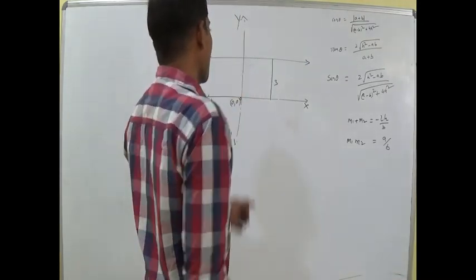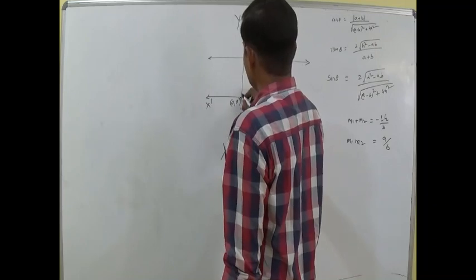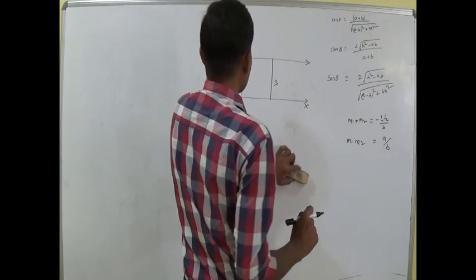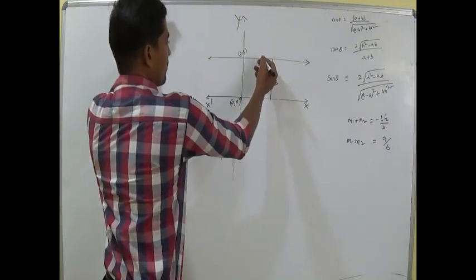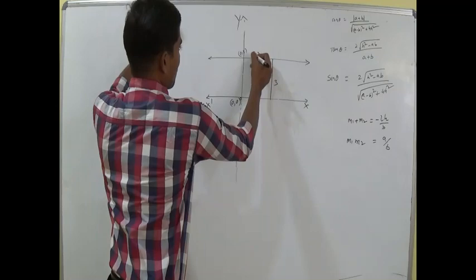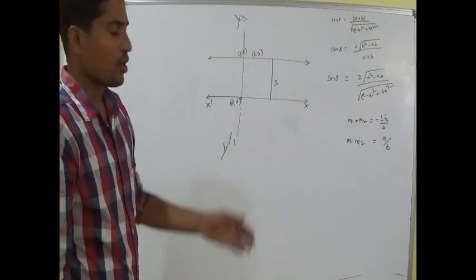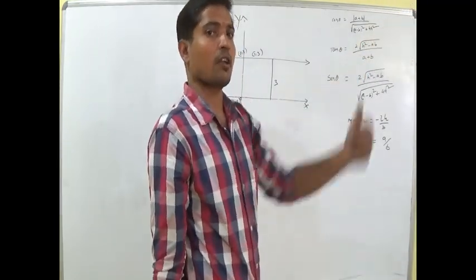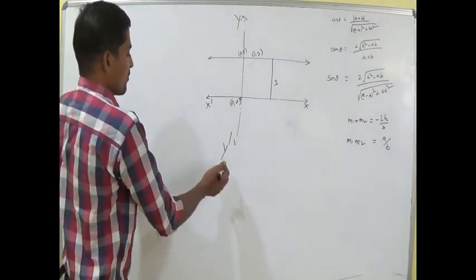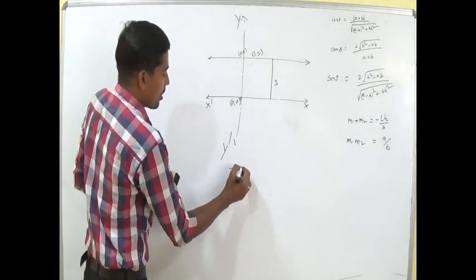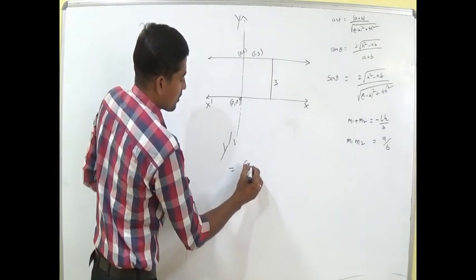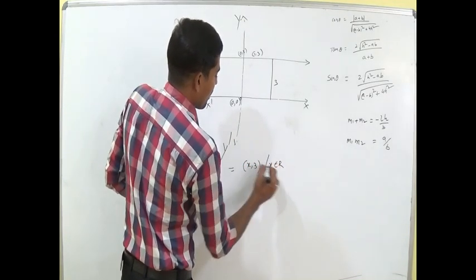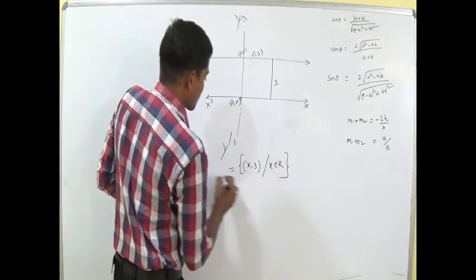Suppose you take a point here, this is 0 comma 3, and somewhere here 1 comma 3, and so on: 2 comma 3, 4 comma 3, 5 comma 3, 6 comma 3, 7 comma 3, 8 comma 3, 9 comma 3, which is equal to x comma 3 such that x belongs to R, is the locus.